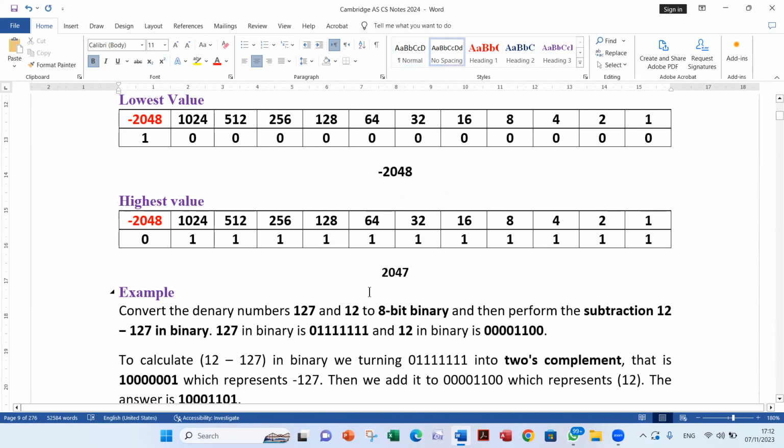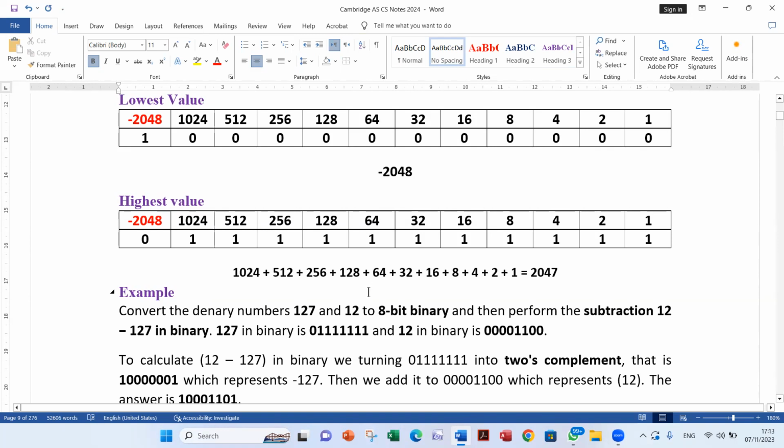So it's going to be 1024 plus 512 plus 256 plus 128 plus 64 plus 32 plus 16 plus 8 plus 4 plus 2 plus 1. And this is going to be equal to 2047. Just try them yourself.